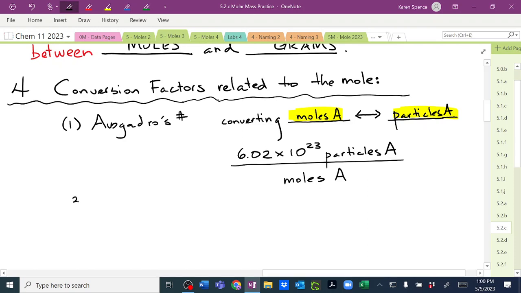What is conversion factor number 2? Yes. Mole ratio. Tell your partner, what are we converting when we're converting the mole ratio? Actually, I should have written it a little further down because I'm running into the other one.